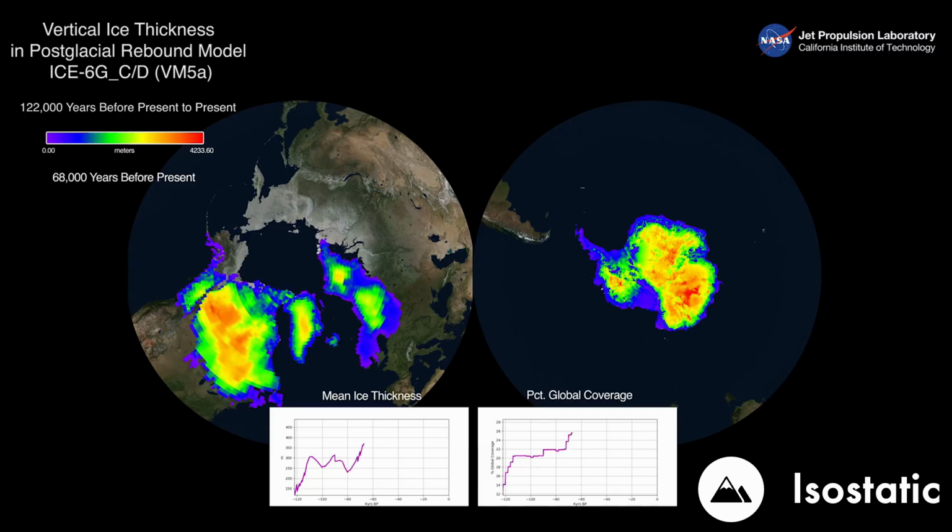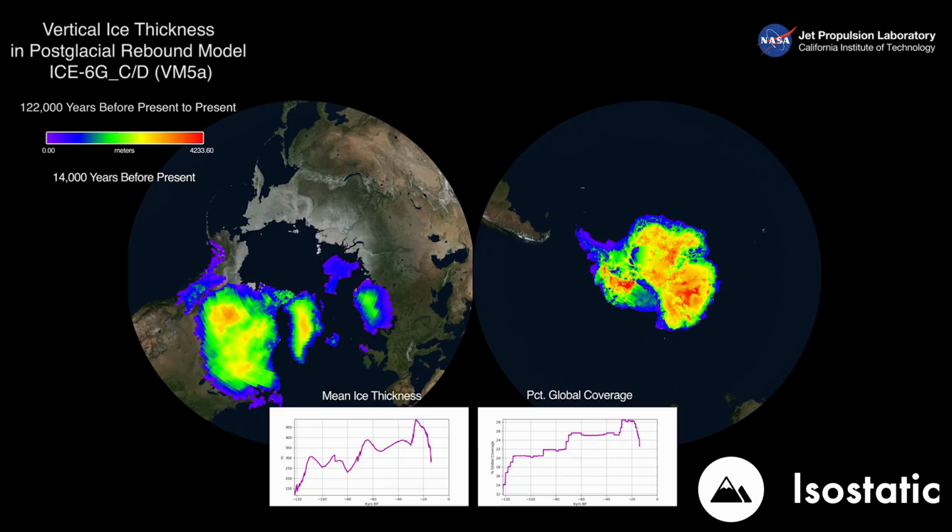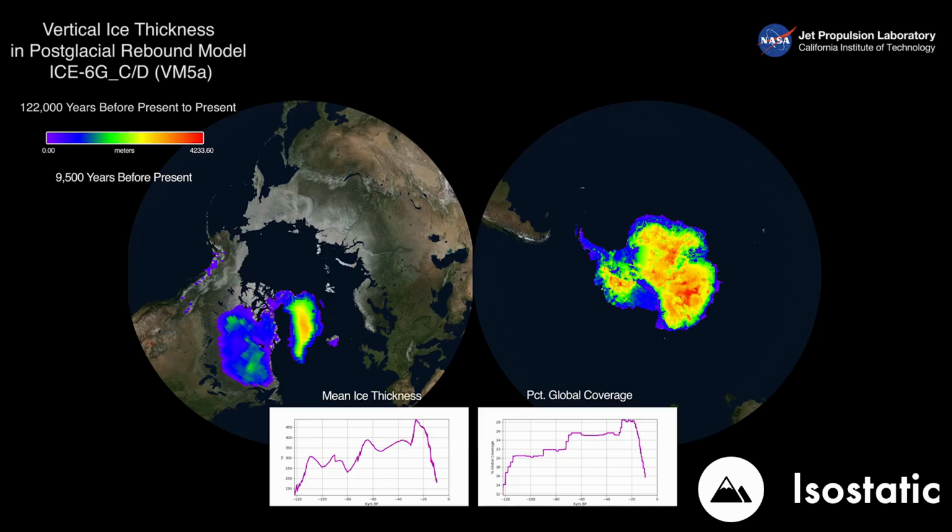As those glaciers melted, the land started to slowly rebound, a process that continues today in places like Scandinavia. Meanwhile, other areas are sinking, such as Jakarta and New Orleans, where subsidence is making these cities even more vulnerable to sea level rise. So while global sea levels might be rising, the movement of the land can drastically affect how much different regions actually experience that rise.